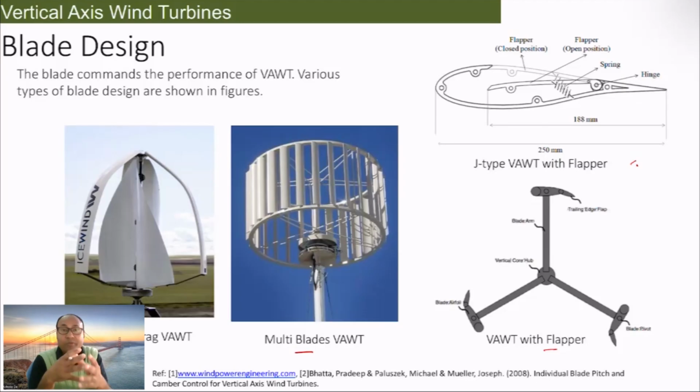But the advantage here compared to the horizontal axis is that the size of the complete turbine is significantly lower, and they can be portable. They could be installed in different places, and maintenance becomes easier.